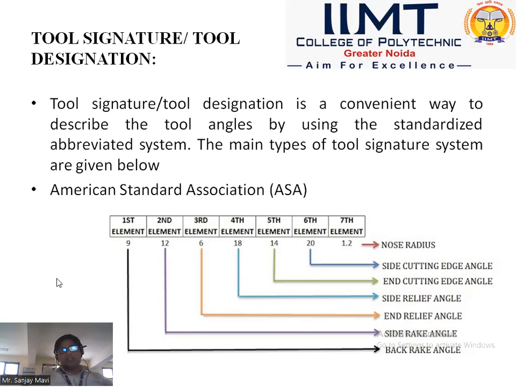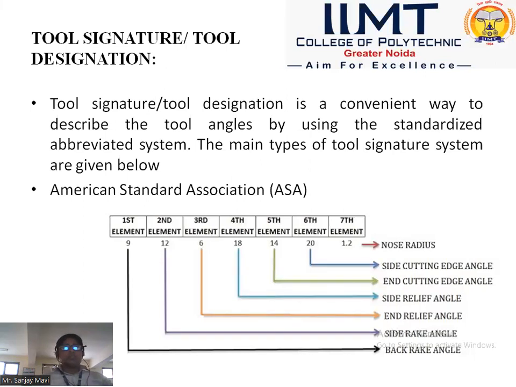In this American Standard Association system, these are the main elements of the cutting tool which are given here. First is the back rake angle, then side rake angle, then end relief angle, side relief angle, end cutting edge, side cutting edge, and then at last nose radius.